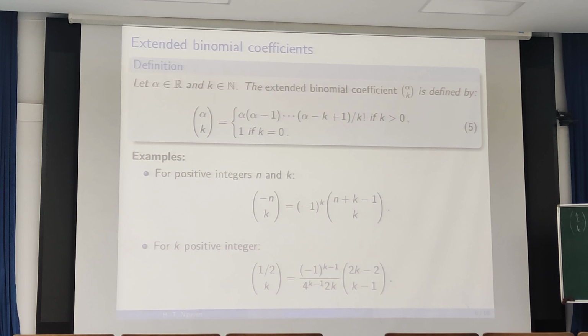You have to count the number of odd numbers from 1 to 2k minus 3. This one is 1, you can write it as 2 times 1 minus 1, and here it is 2 times k minus 1 minus 1.